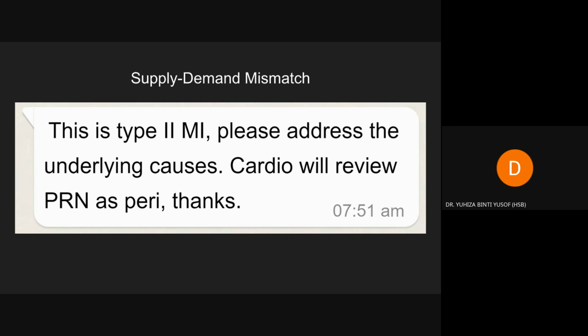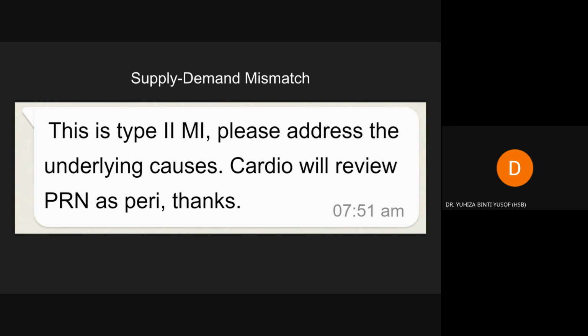So you understand type 2 MI. So you want to talk about type 2 MI. No, I was talking about supply demand mismatch. This is the commonest supply demand mismatch problem that we encounter. Okay, how do you get type 2 MI? Actually, I don't know about cardio here, but how do you diagnose type 2 MI? It's a CAG negative diagnosis. Yes.